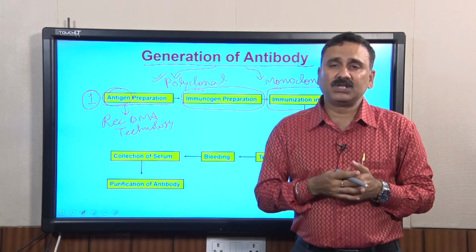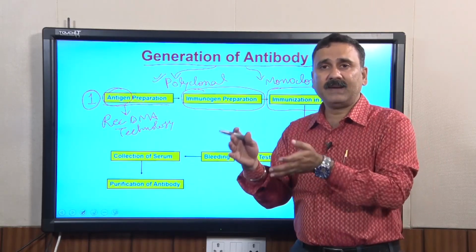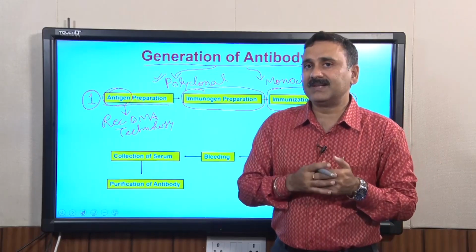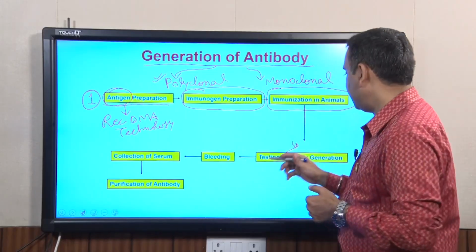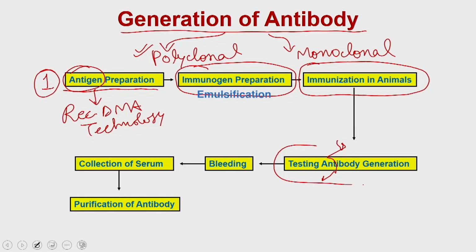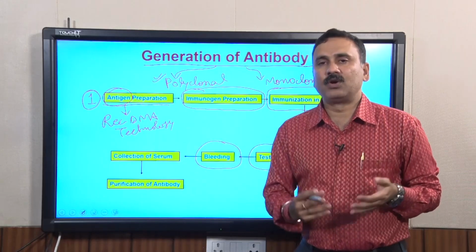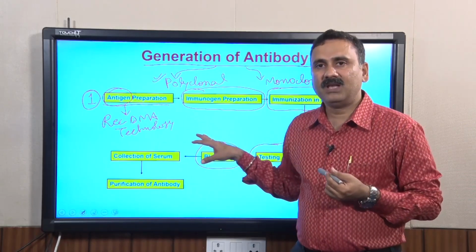Once the booster immunization is over, you wait some more time, and then you test the presence of antibodies in the particular animal. Once you are sure that antibodies are being generated, you bleed the animals, and there are different sites through which you can withdraw the blood from that animal.